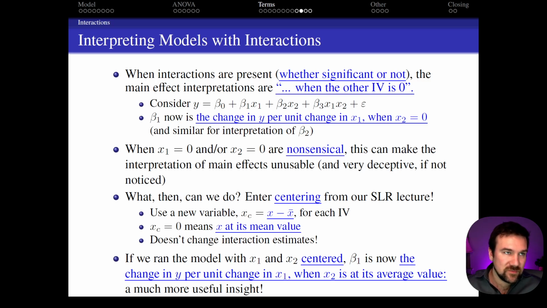So interactions. When we have an interaction, we have to be careful. If the interaction is statistically significant, we want to be careful about interpreting main effects anyway. We want to do an interaction plot. But even if the interaction is not statistically significant, in regression, it changes the interpretation of the main effects, not just leaving the variables alone. Whereas in ANOVA, we could just go on and interpret the main effects, not thinking about it.